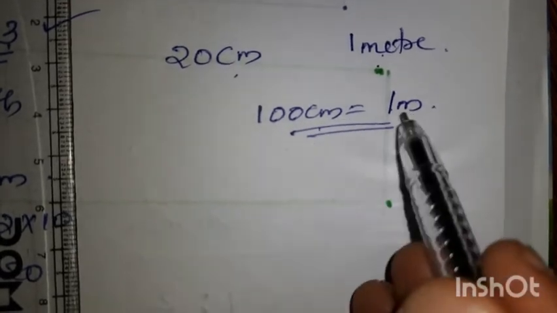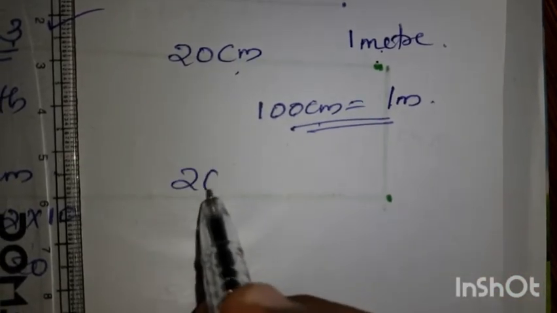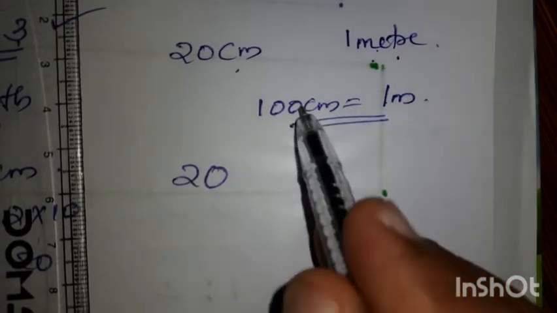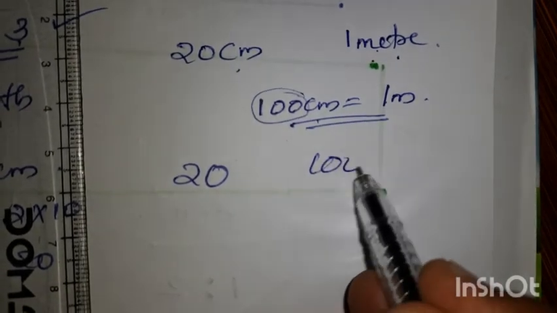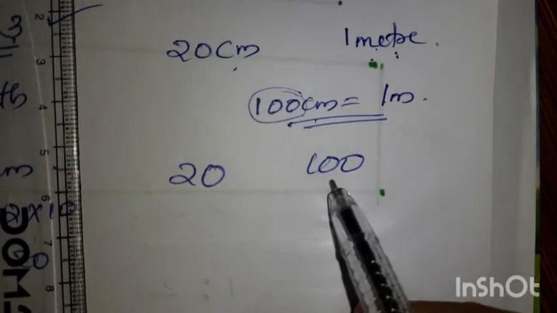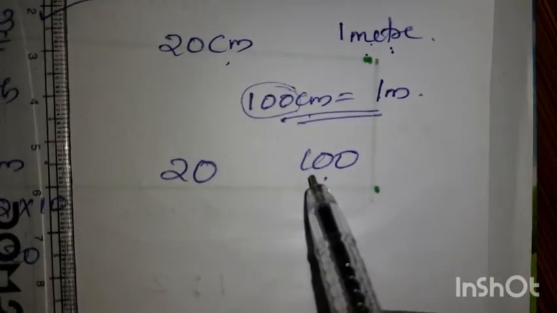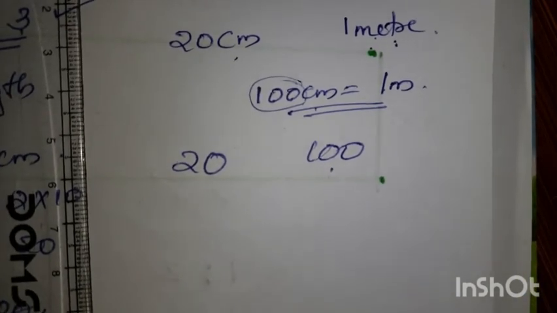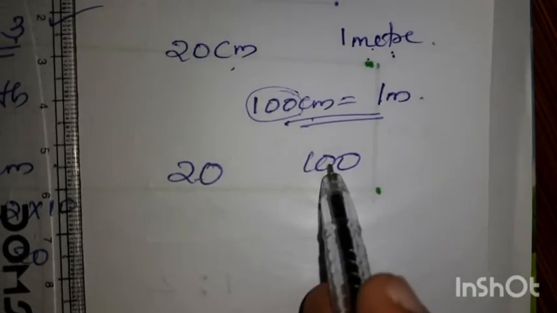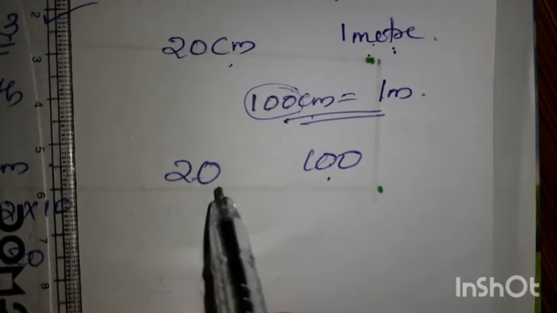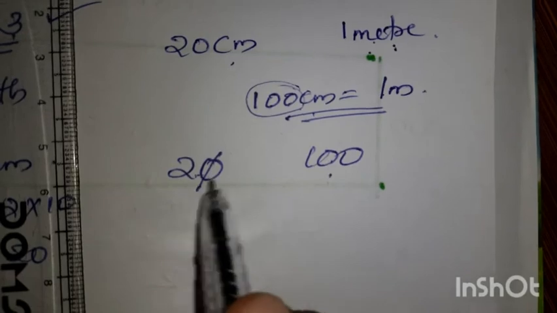So 100 centimeter is 1 meter. So we are writing the numbers as 20 and, for 1 meter, 100. So 1 meter is 100 centimeter. So both the numbers should be in the same unit. So 20 and 100 are the numbers. If zeros are there, you can divide it commonly.